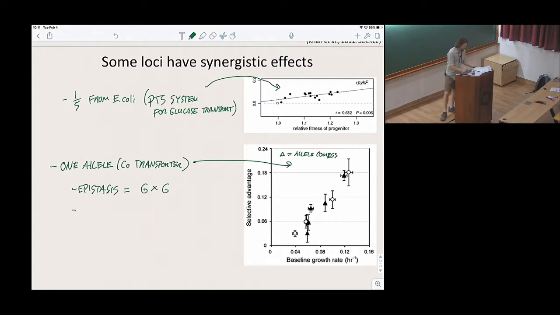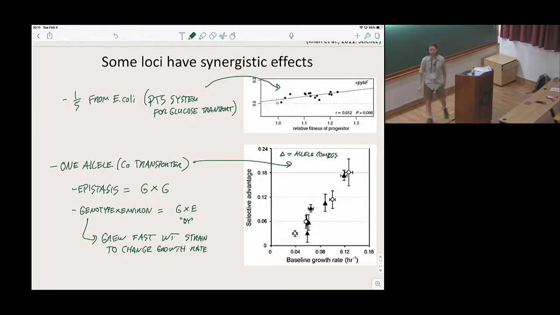But David did a second experiment where he looked at what's called a genotype by environment, or G by E, where he simply grew the fast wild-type strain at different temperatures to speed it up or slow it down. All right, does that make sense?